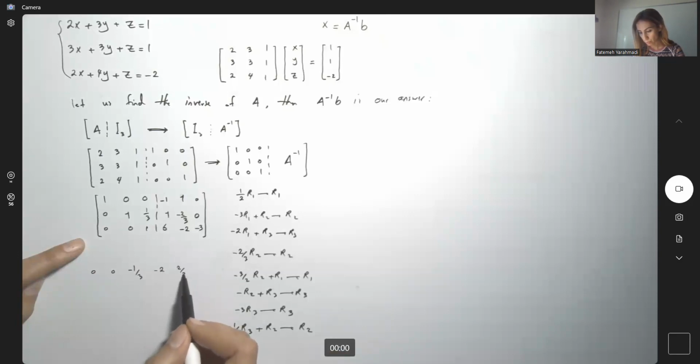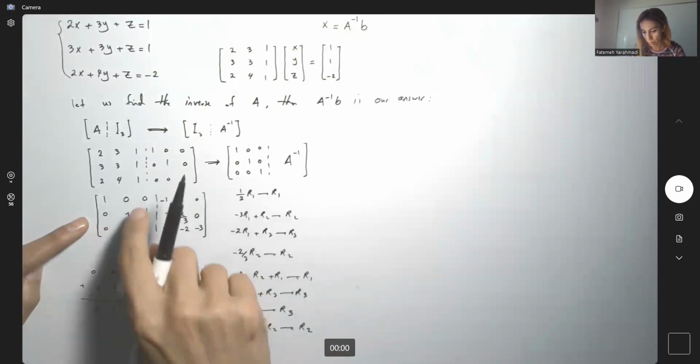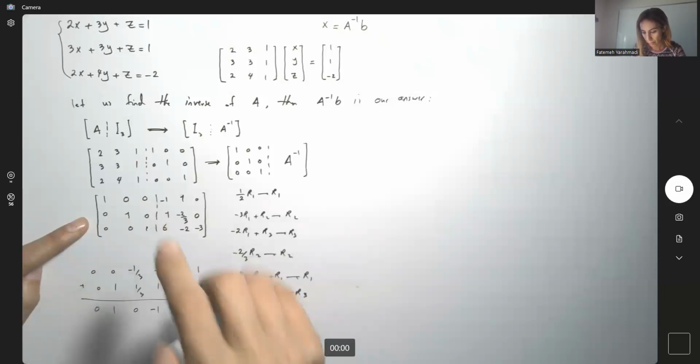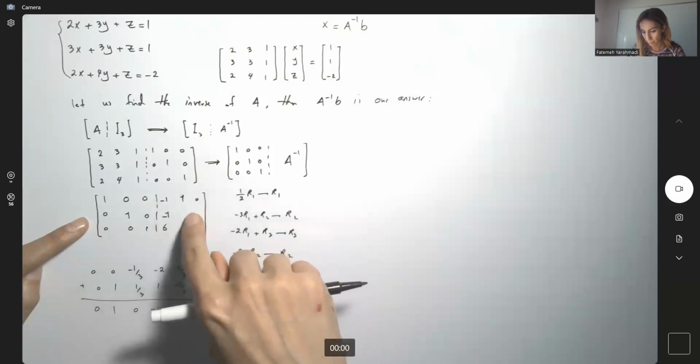Then you have 2/3, and then here you have 1 added to 0, 1. A third, 1, negative 2/3, and 0. So this is 0, this is 1, 0, negative 1, 0, and 1. So this guy is 0, 1, then 0, then negative 1, 0, and 1.